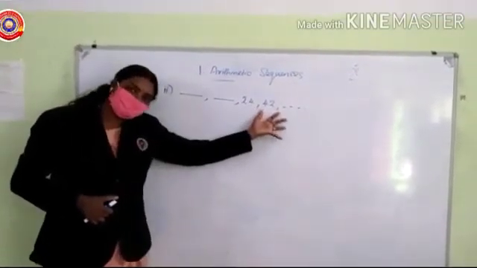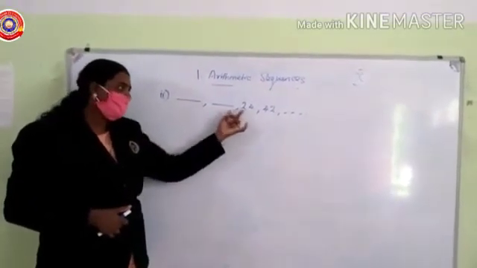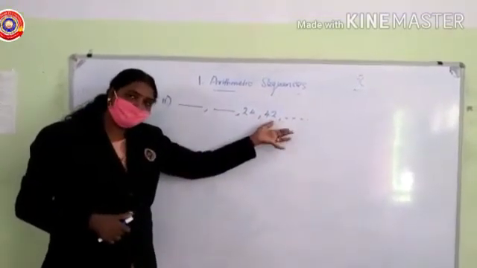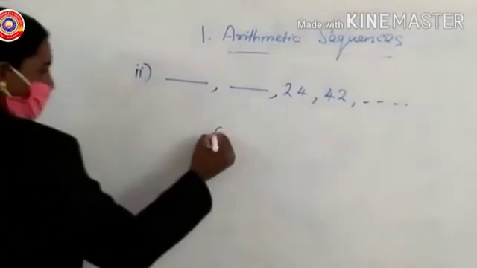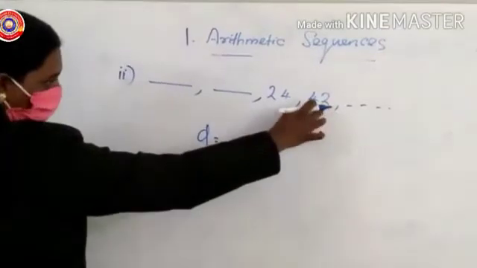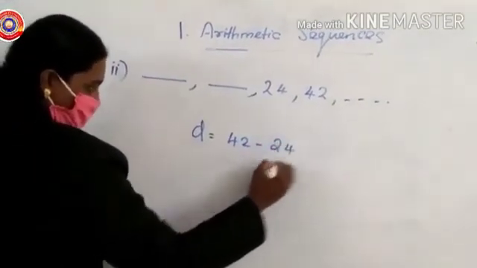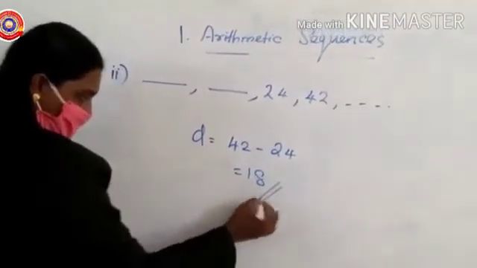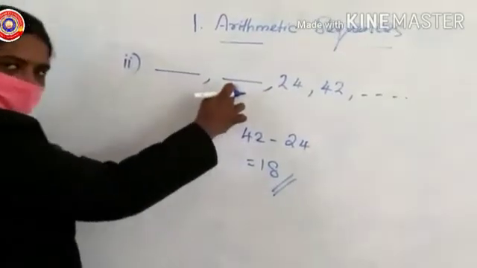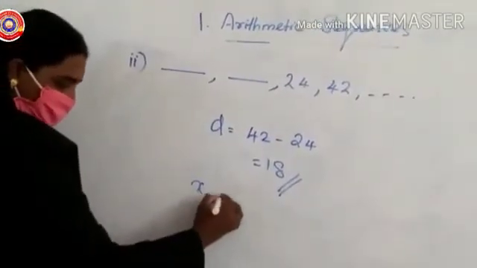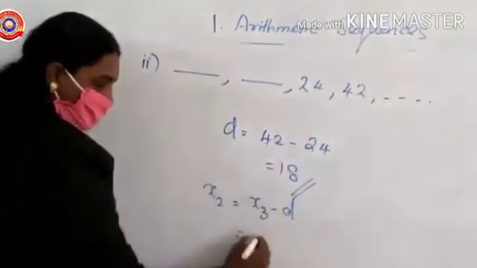Next question number 2. Here the third term and fourth term are given. We have to find the first term and second term. Third term and fourth term are consecutive terms or nearest terms, so we can easily find the common difference. Common difference is equal to 42 minus 24, 18. As we all know, the second term equal to third term minus common difference.